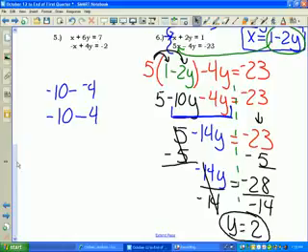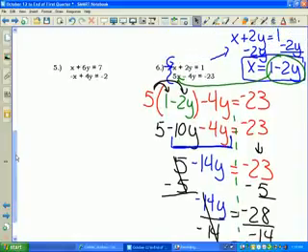So we found y. Now we need to find x. So we're going back to one of our original equations. If I wanted to, I could use the equation that we calculated earlier. I could use that one because it's already set up for x.